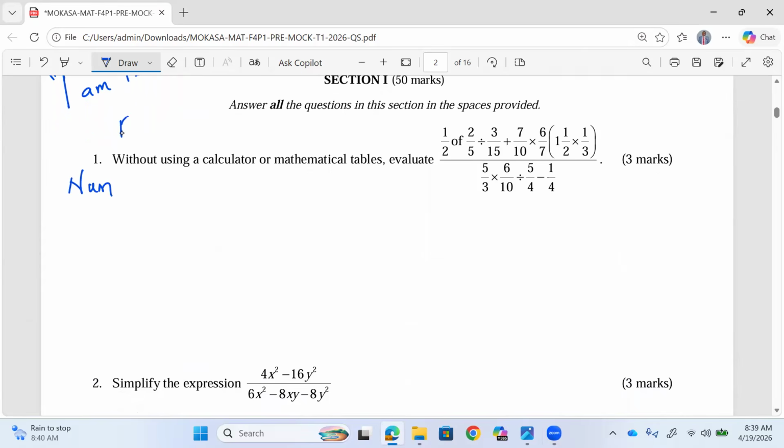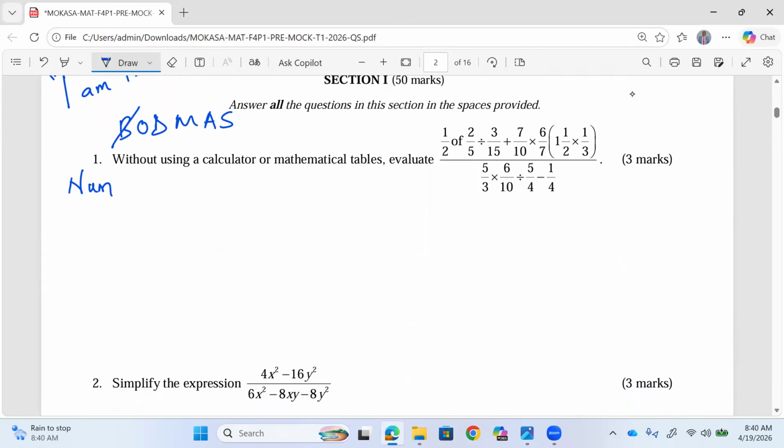It's good for you to know that we are dealing with BODMAS. This is the acronym that helps us to order our operations properly. So do we have brackets? Yes. So we work out whatever is in the brackets first.